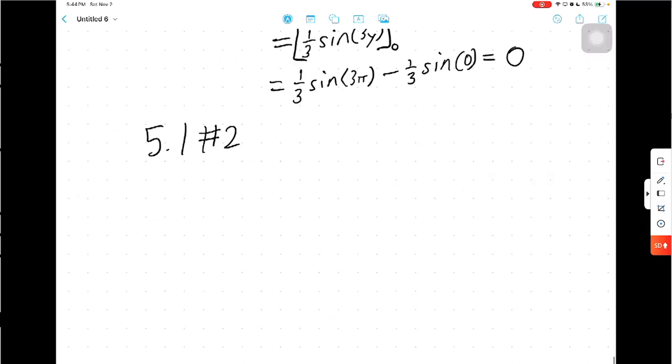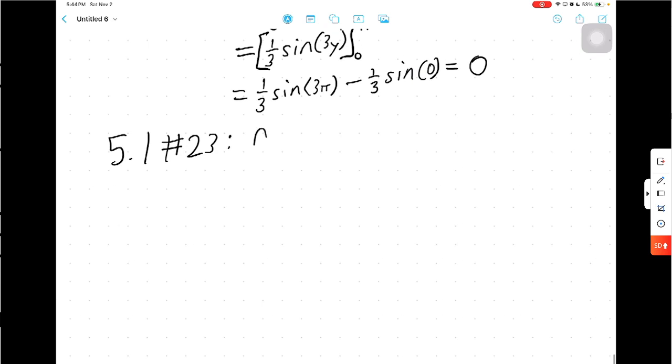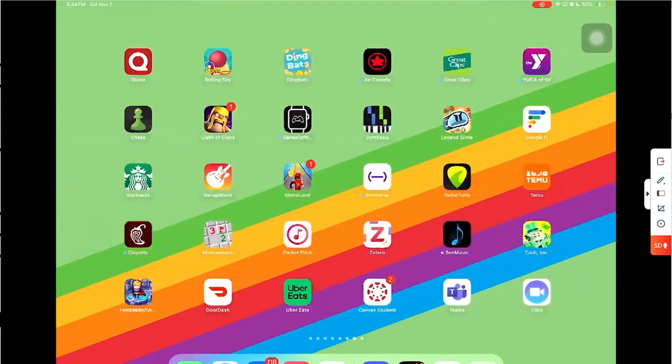And number 23. Integral from 1 to e, integral of 1 to e of 1 over x sine ln x. Man, they really wanted me to suffer on this one. Of course.